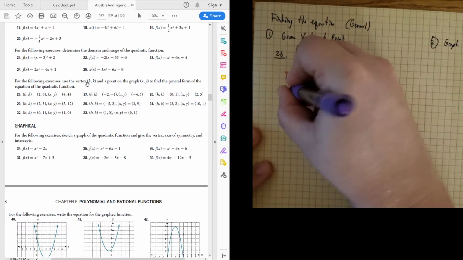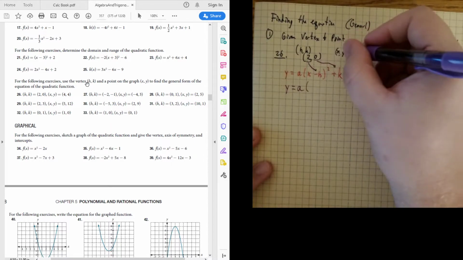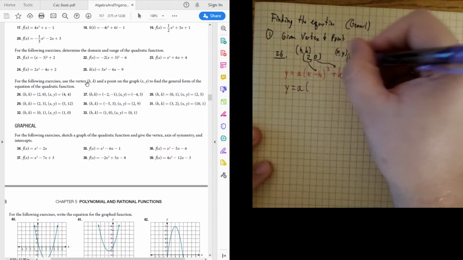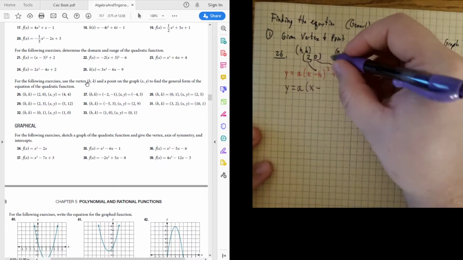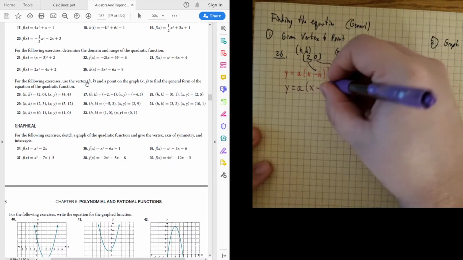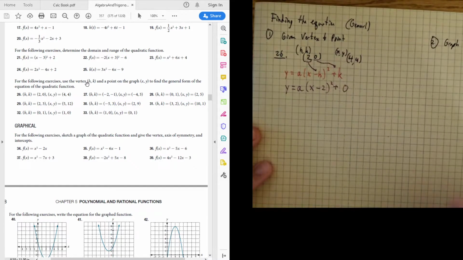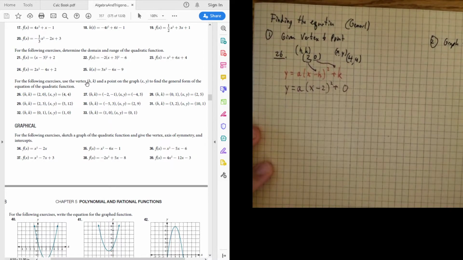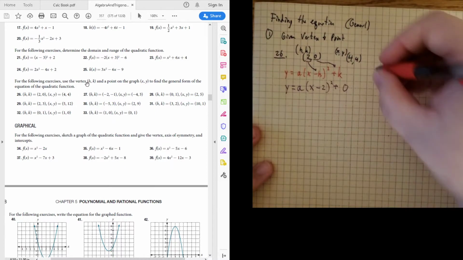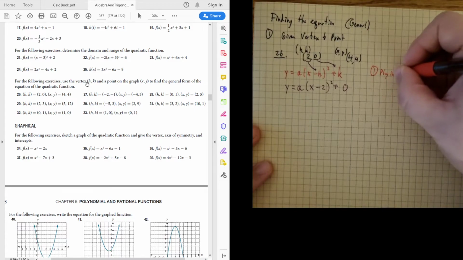Y equals, I don't know what a is, so I'll leave a there. It's tempting to plug in x and y, but this is actually going to come in later, so I'm going to go ahead and leave that separate. X minus, my h value is 2 squared, plus my k value, which is 0. This is pretty good. We're already most of the way to an equation. We just have one thing missing, a. So step 1, plug into vertex form.